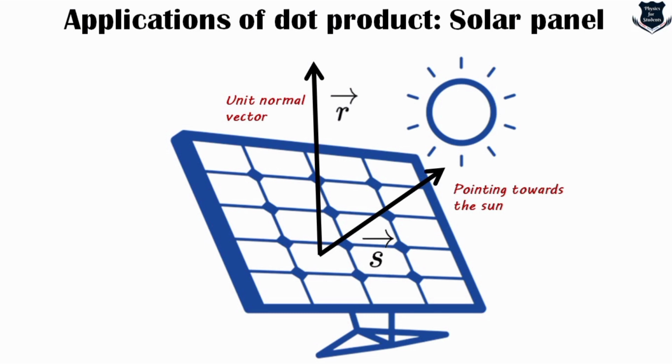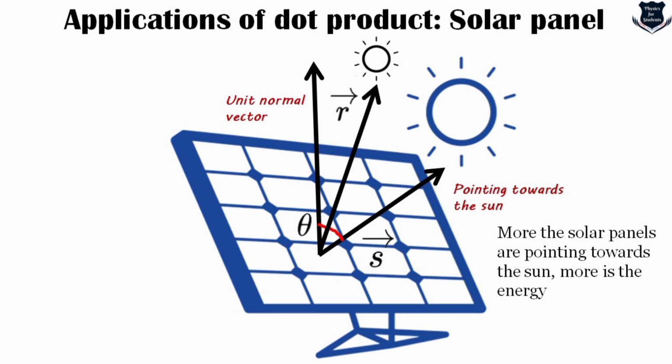Now the basic aim of the solar panel is to get the maximum amount of energy. Suppose with the passing of the day, and this is a theta angle, the sun moves to the black one, just beside this. Then we again have to change the angle of the solar panel to point towards the sun, which ultimately gives you the idea that the more the solar panels are pointing towards the sun, the more energy they get.